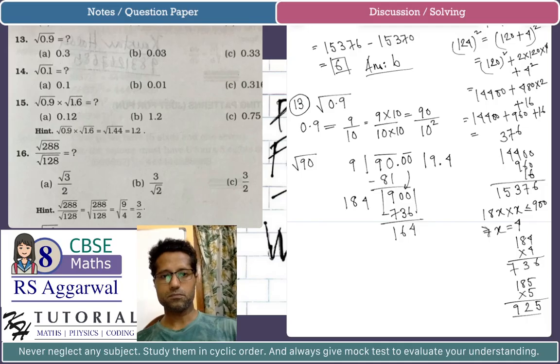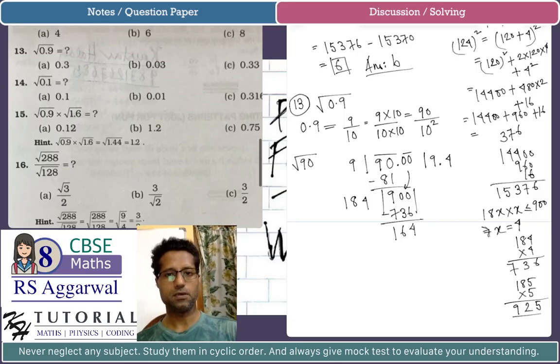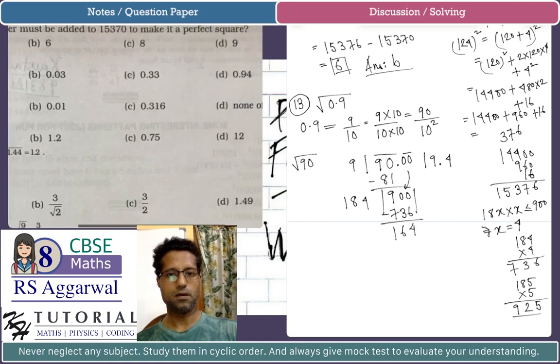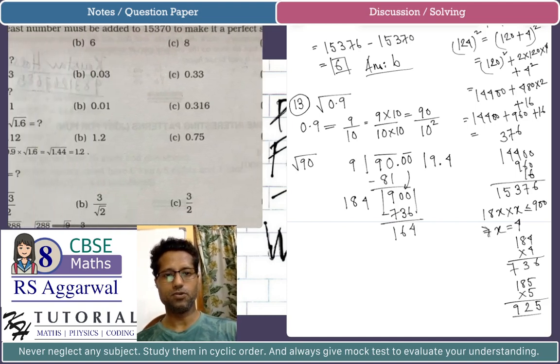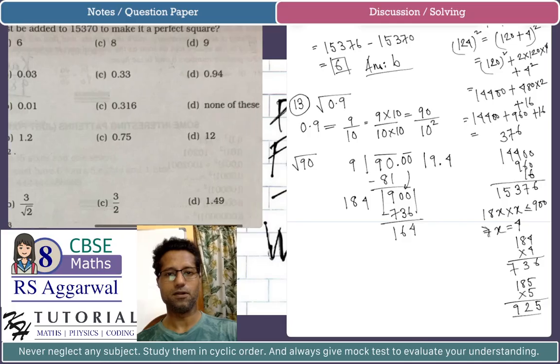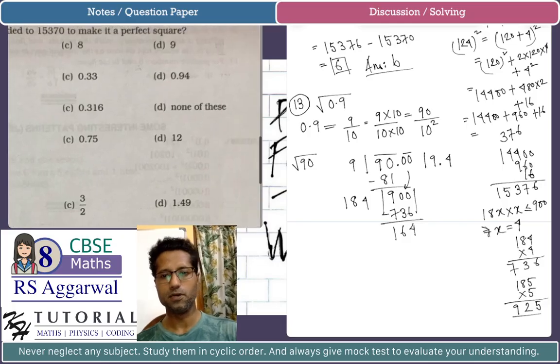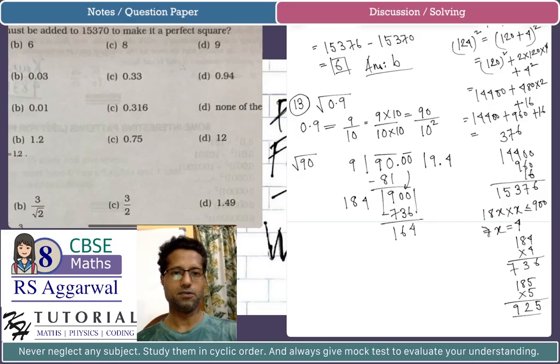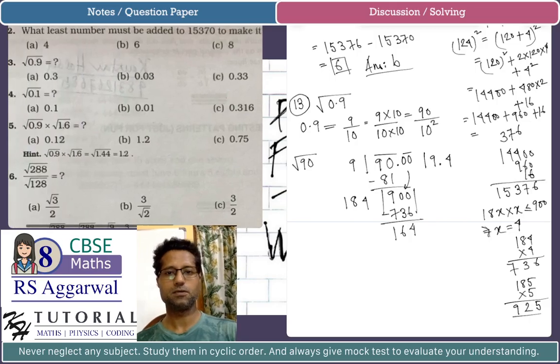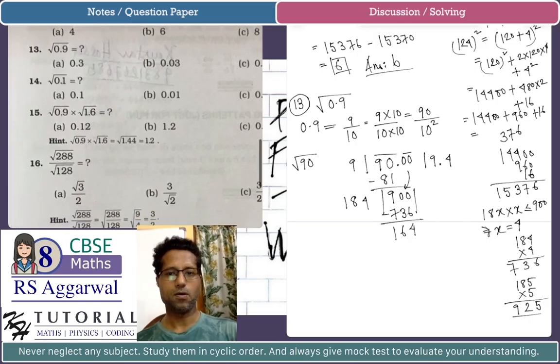Now you have to see the choices, depending on how many places of decimals are there in the choices. Choice D is 0.94, it is 2 decimal places. Choice C is 0.33, it is 2 decimal places.